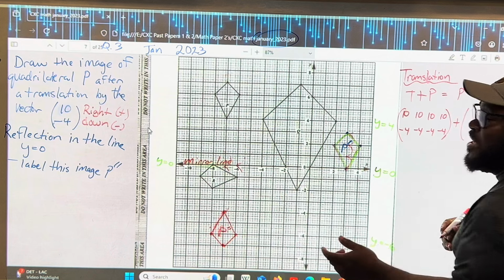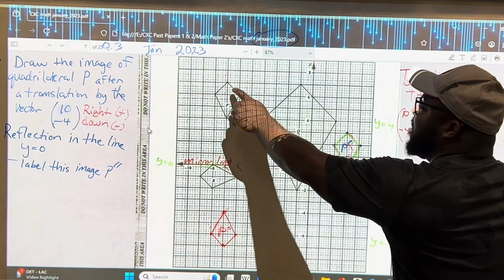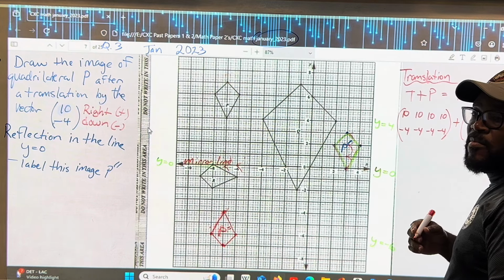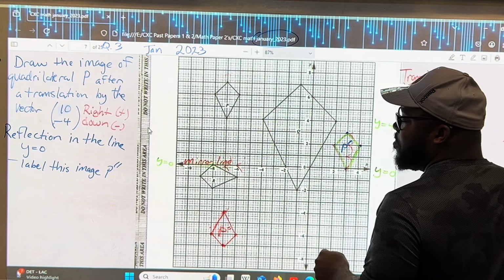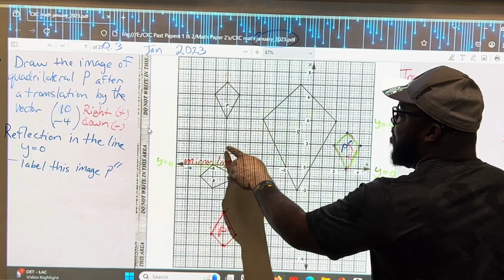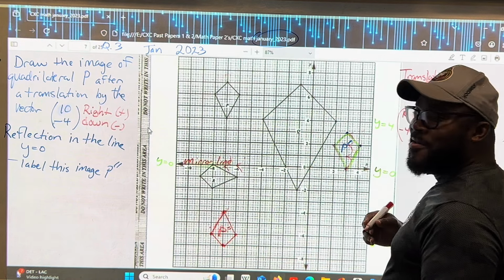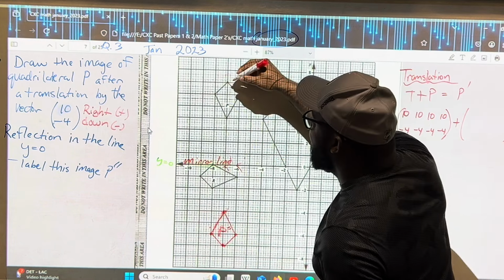Now, what are the vertices? I'm going to call on individual people. What is this vertex? Give me the coordinates. This one. The negative 8 is here. Negative 7, 7, good. Give me this one.